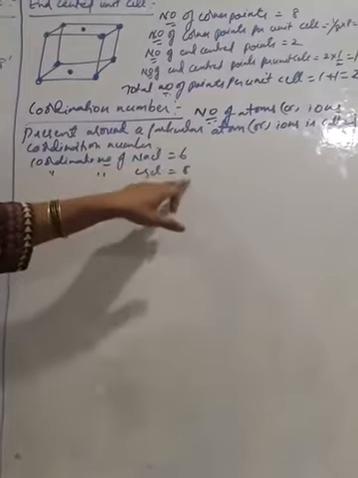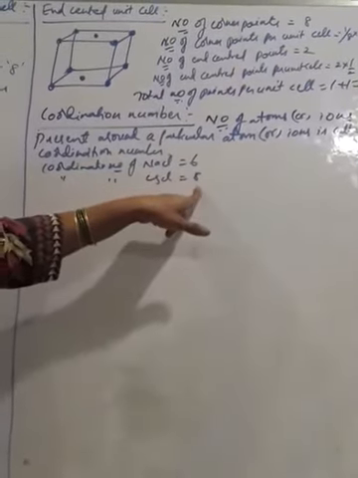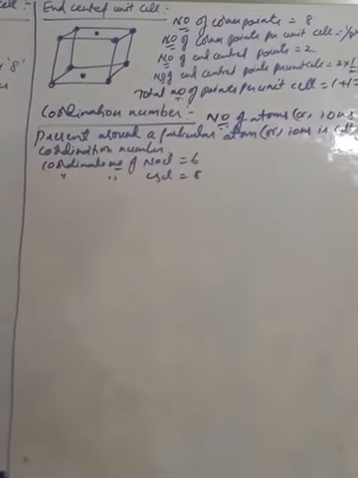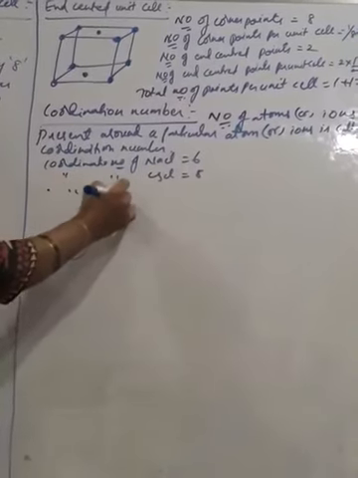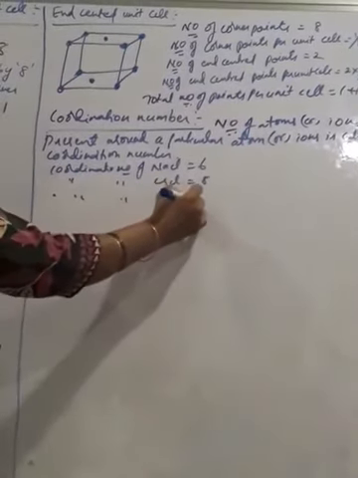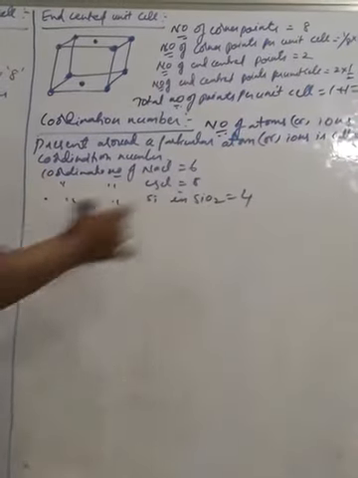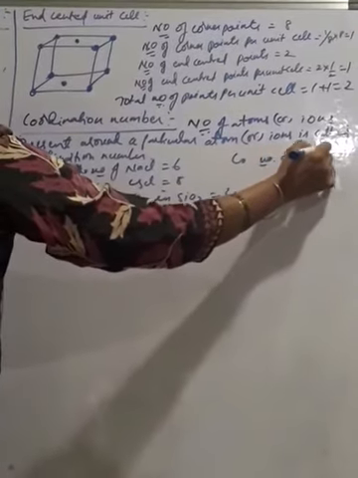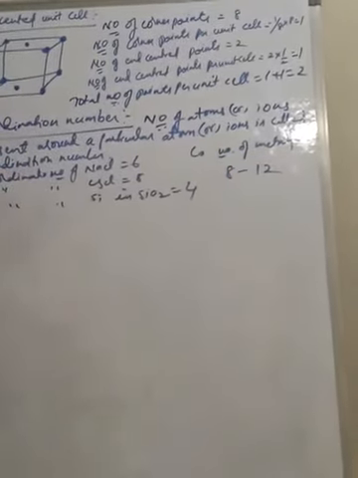For cesium chloride, each cesium ion gets surrounded by 8 chloride ions, that's why 8. Then the coordination number of silicon in SiO2 is 4. Then the coordination number of metals is in between 8 to 12.